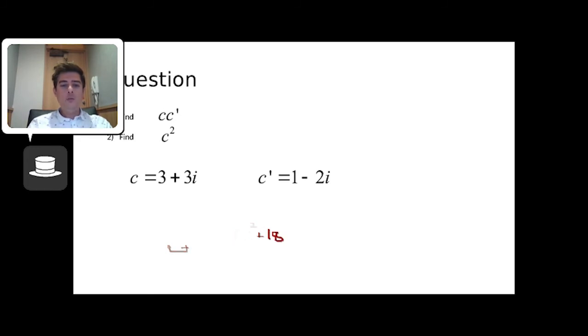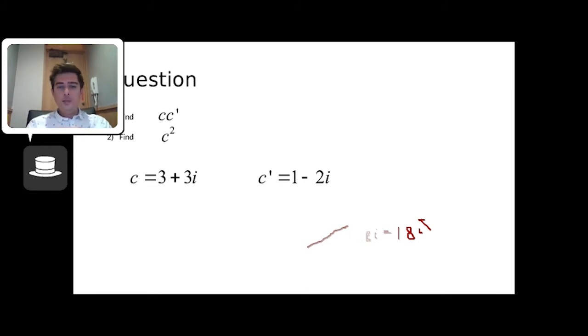We can simplify this a little bit: the first one is 9, and this one is 3 times 3 is 9, but i squared makes it minus 9. So the 9s cancel out, and in fact here we've got 18i.